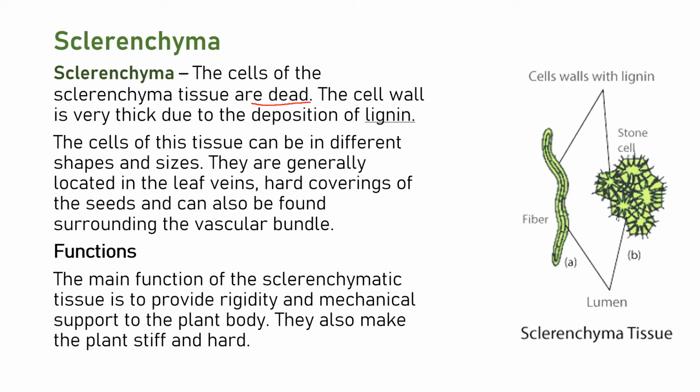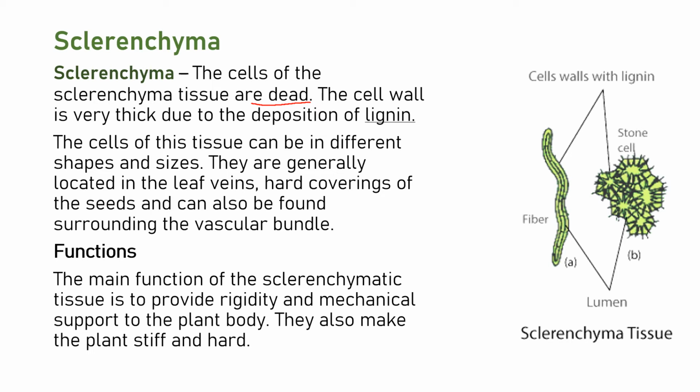Why is this so? Because the cell wall gets so thickened that whatever protoplasm is present inside the cells just vanishes. So there is nothing present inside the cell. The thickness of the wall is so much that the whole cell becomes dead.